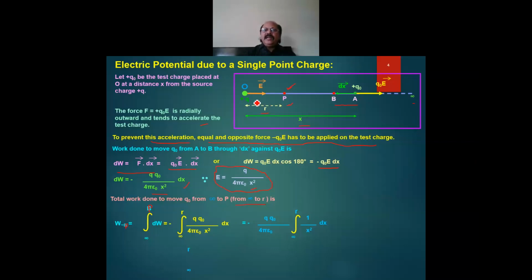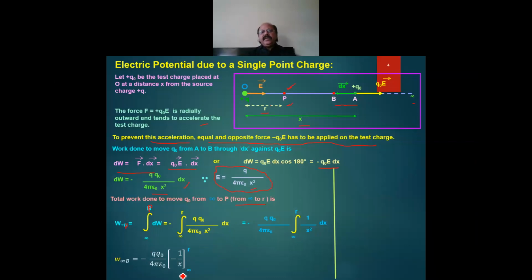Putting the limits, we get the integral of minus q naught Q upon 4 pi epsilon naught x square dx. You take outside minus q naught Q upon 4 pi epsilon naught, then the integration from infinity to r of 1 upon x square dx.